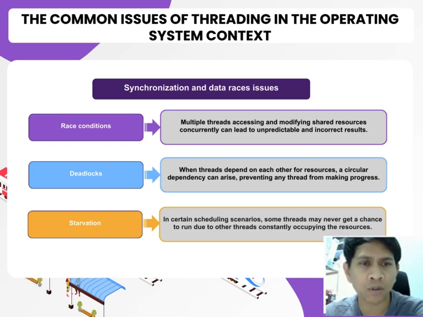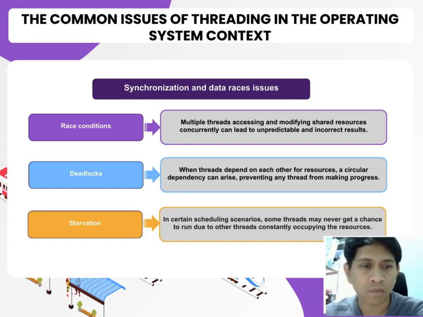This is known as a race condition, where the outcome depends on the timing of thread execution. This can also lead to unpredictable results, data corruption and crashes. For example, two threads incrementing a shared counter simultaneously might produce incorrect values.